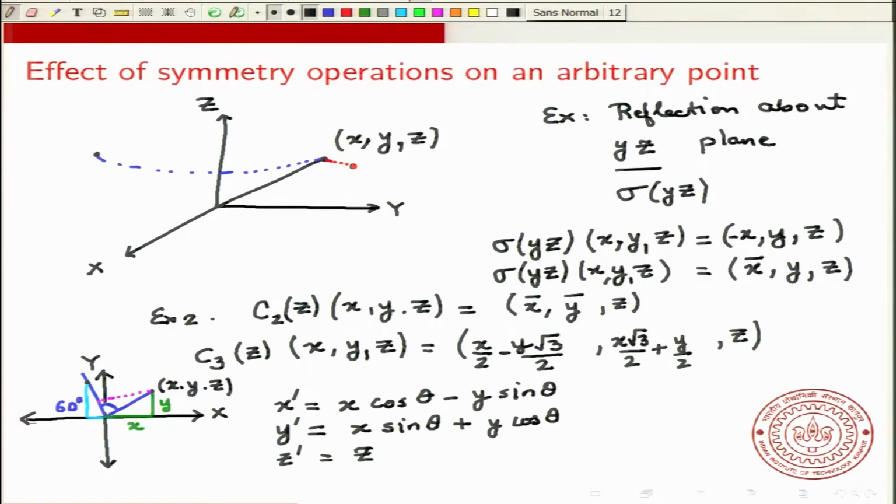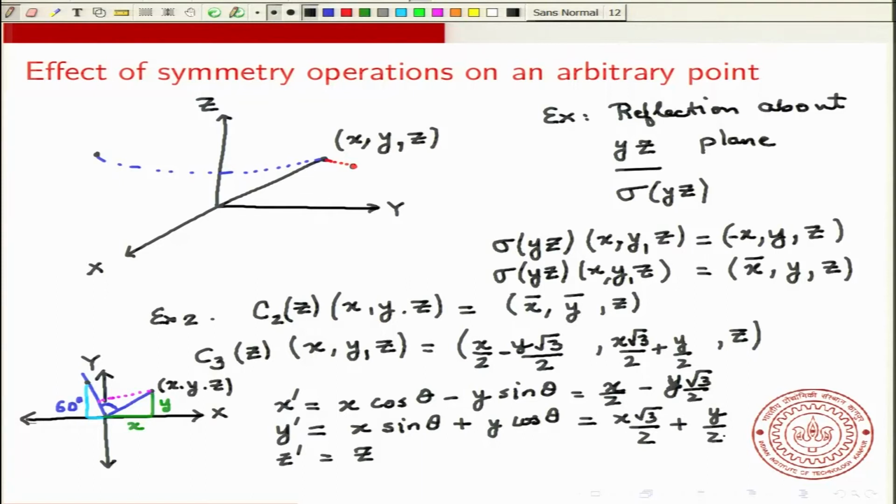Since cosine of 60 is half, the new x coordinate is x by 2 minus y root 3 by 2. The new y coordinate is x root 3 by 2 plus y by 2, and you can verify these fairly easily. The new z coordinate is nothing but the old z coordinate.